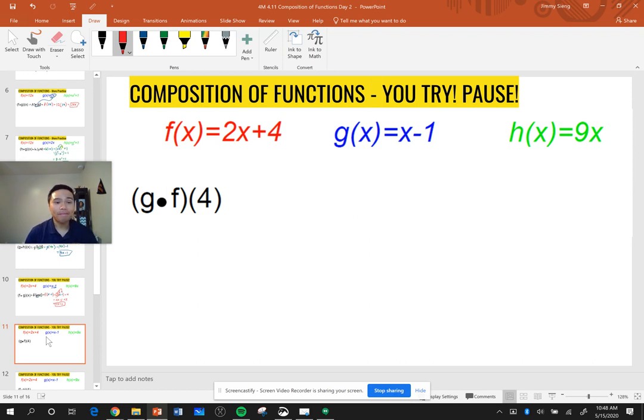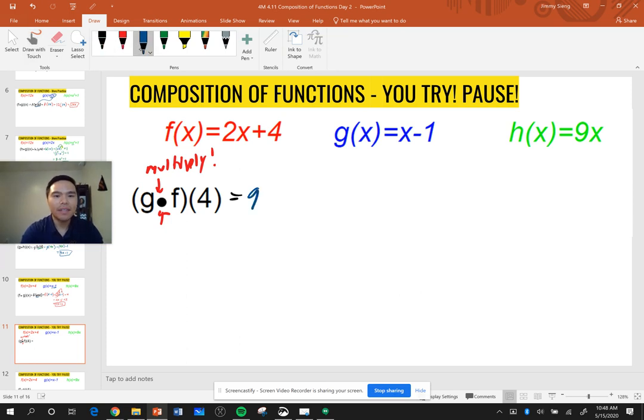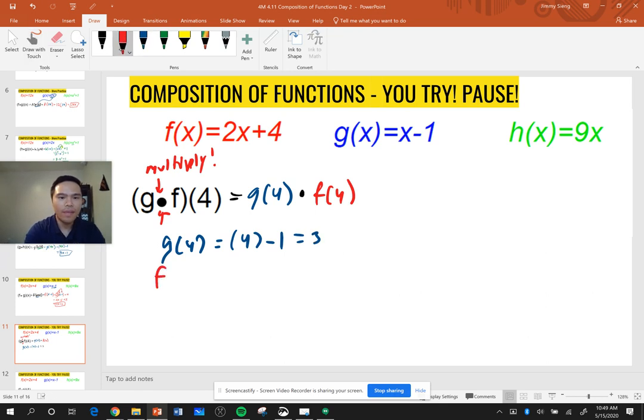Hey, look here. Pause it. If you haven't noticed yet, the notation means multiply. So I should understand this as my blue function, g of 4, times my red function, f of 4. g of 4, well, that's just going to be 4 minus 1. f of 4 is just going to be 2 times 4 plus 4.